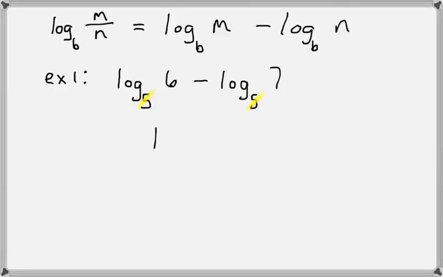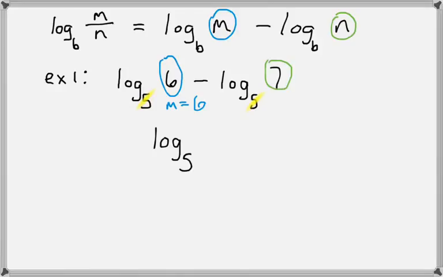So we would have the log base 5, and then we need to identify our m and our n. Our m was the one with the first log, so that would be a 6. So my m is 6, and my n is the one with the second log, so that would be the 7.